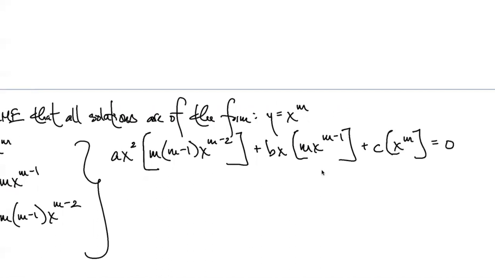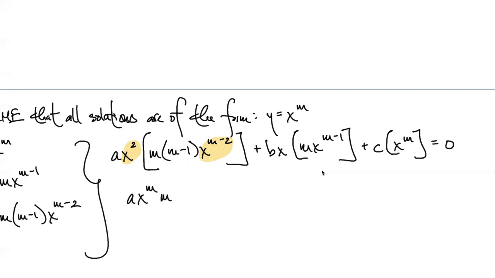All right. And because we're starting with the homogeneous version, we want this to equal 0. And so let's do a little bit of algebra. In particular, we might notice that if we have an x squared and an x to the m minus 2, when we multiply these two terms, we add the exponents. And so we'll end up with x to the m, because m minus 2 plus 2 will just give us m.